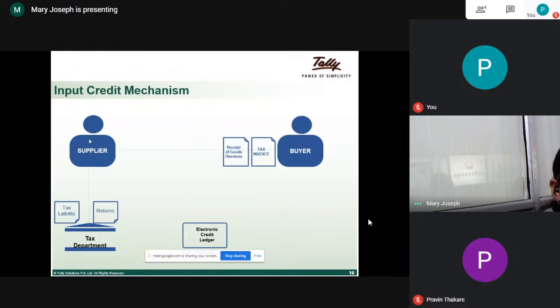Then the supplier has to file the return with the tax department and he will get the tax liability. If ITC is applicable, then he will send it to the electronic credit ledger and be eligible for the ITC.